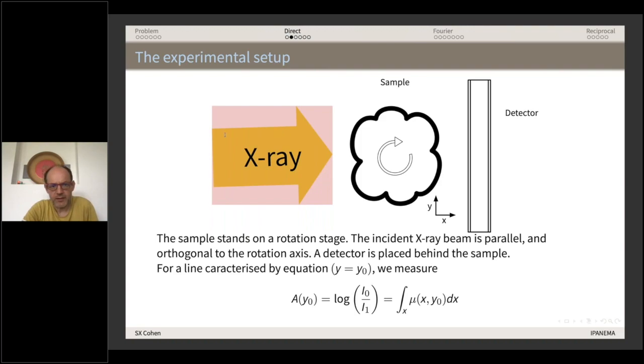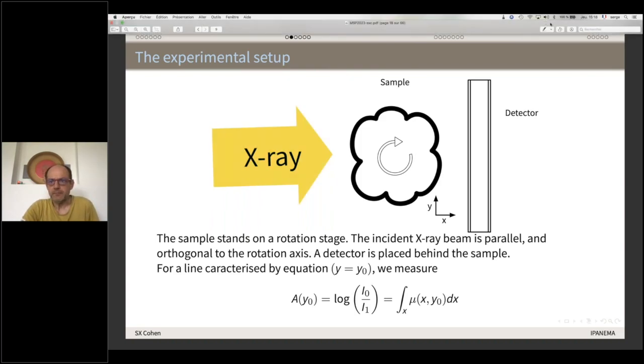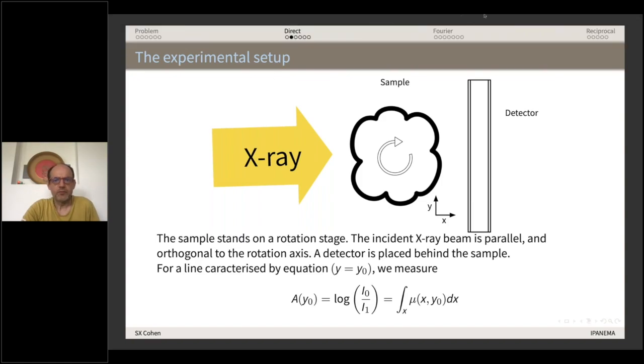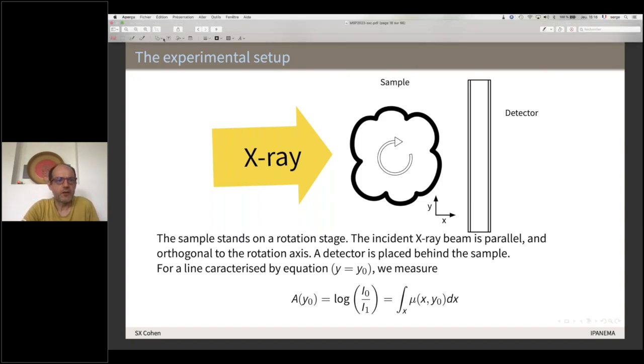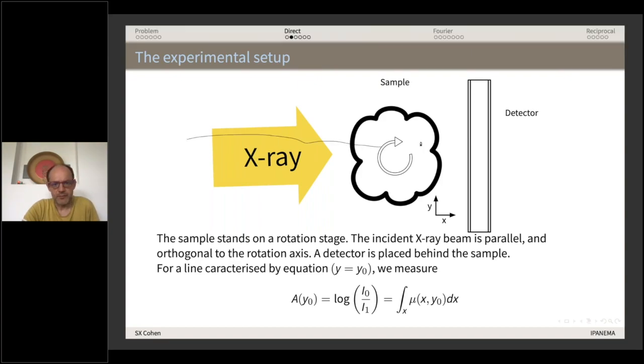And what I just told you is that for one given ray, which I draw, if I have an X-ray which is going like that, this one is parameterized as y equal to a given value, y0. I realize that this arrow is not completely horizontal, but the aim was that it was going completely horizontal.